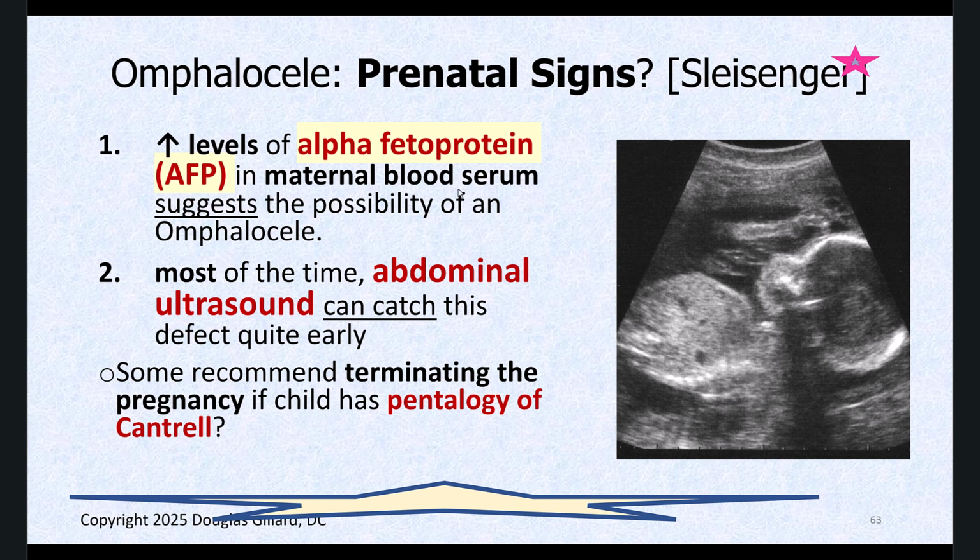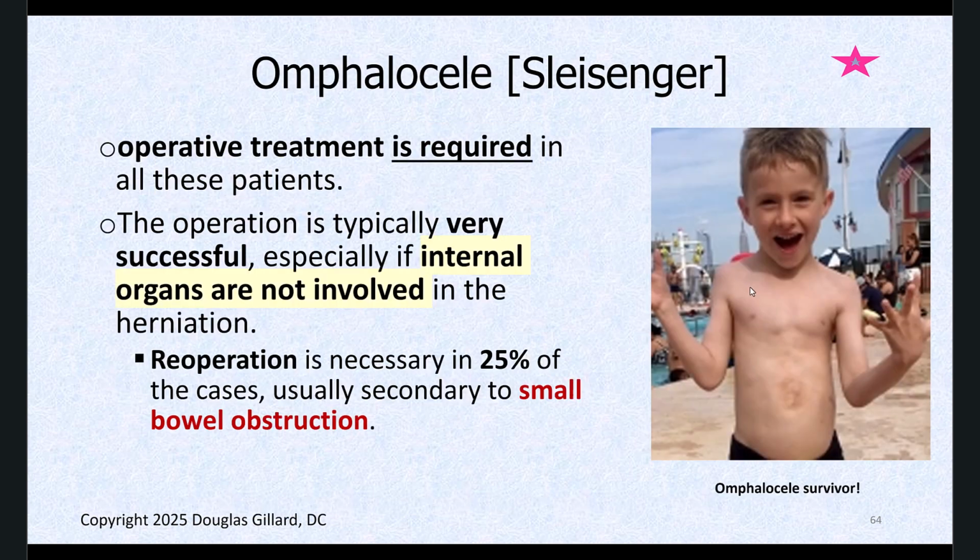And kids survive all the time. So if it's small, you just push the intestines back in and sew up the defect. You're not going to have a belly button, because the belly button gets pretty much destroyed in the procedure. But yeah, the operation is successful as long as the internal organs aren't hanging out. You can fix these things.